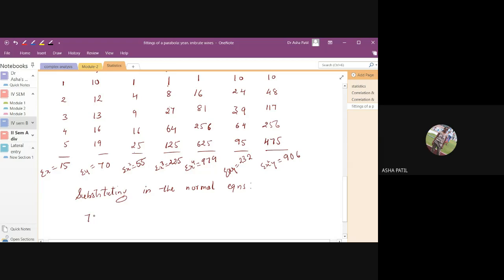Summation y is equal to a into summation x square, b into summation x, plus n. How many sets of values are given? 5. So 15b and 55a.